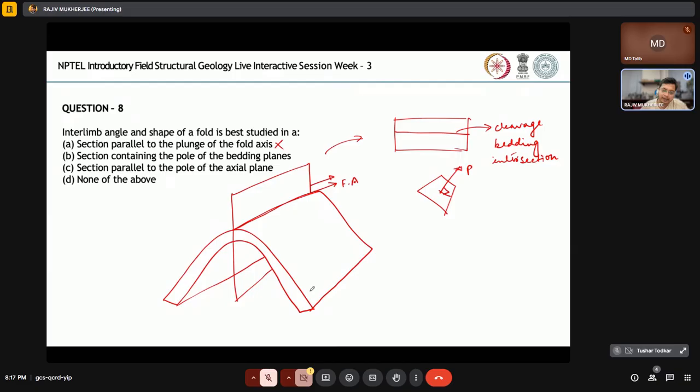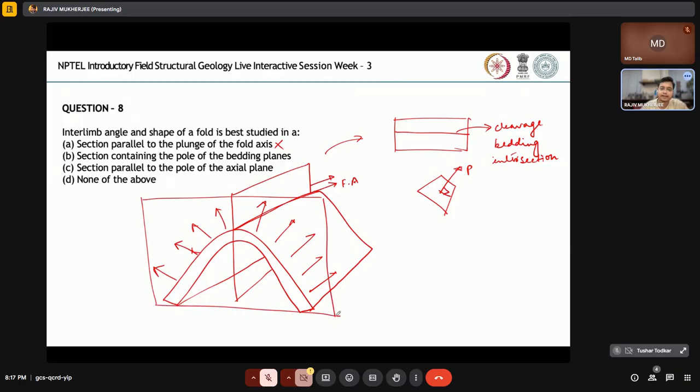Therefore the bedding plane should contain the poles like this, right? So a section containing the poles means obviously this section, which will be the section parallel to the pole to the bedding planes, right?